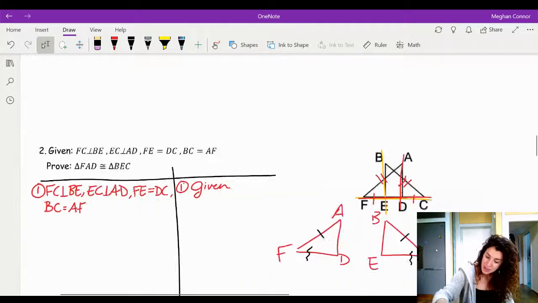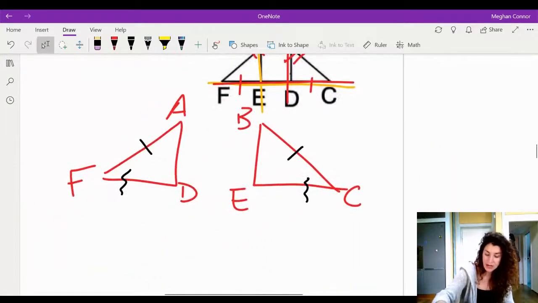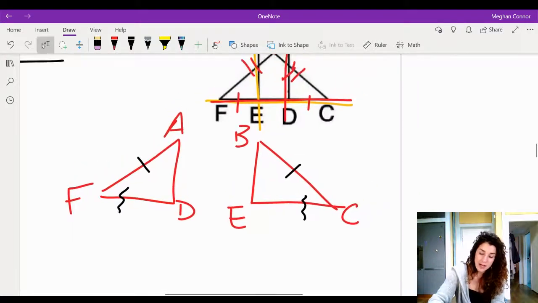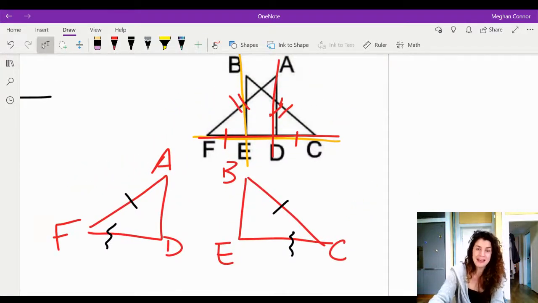And then I do know that within those triangles, I could prove that those angles are 90 degrees because I've been told that they're perpendicular. Do not call it just angle D or angle E. I saw in quite a few of your exit tickets from last class that you just called it angle E. But realize up here, you have two angles at angle E and two angles at D, right? So you need to call it by its three-letter name.